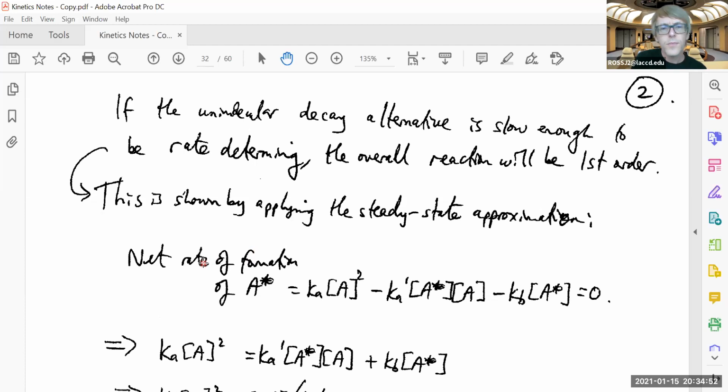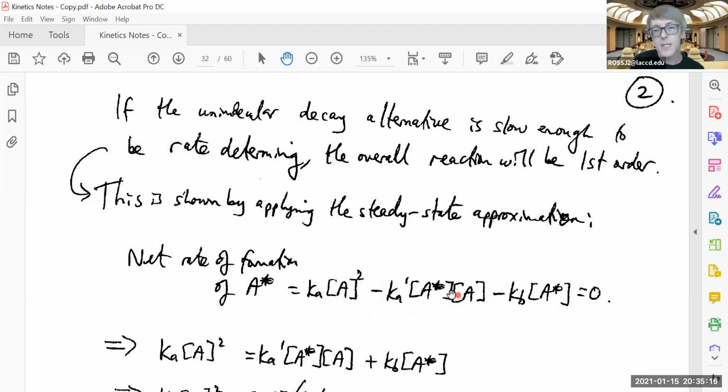So if we look at everything that will produce A star, then we've got rate constant Ka, A squared. So the original collision of A's gives A star. So that's a positive contribution to A star. But then we've got something that consumes A star. So that's why we have a negative sign here.